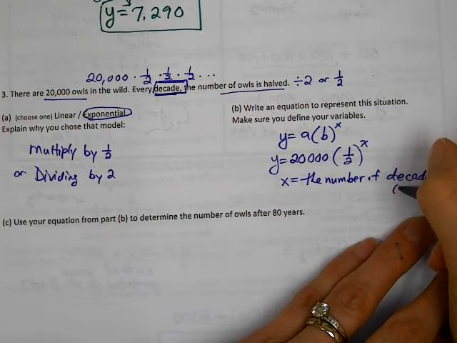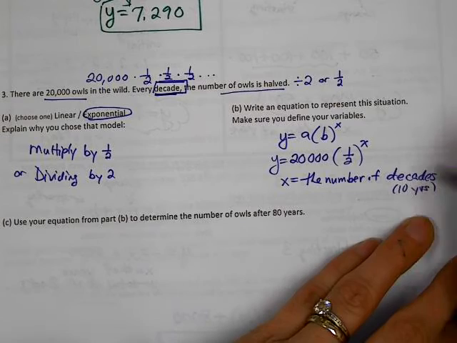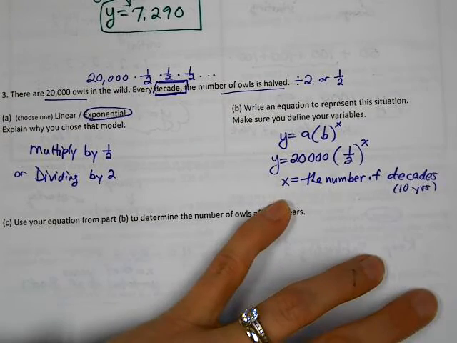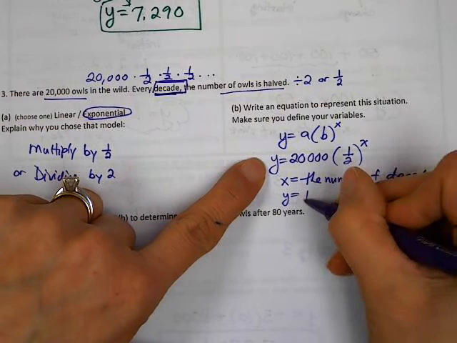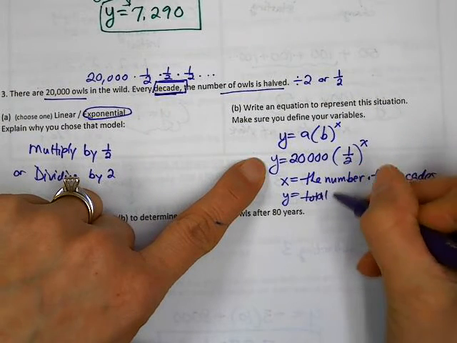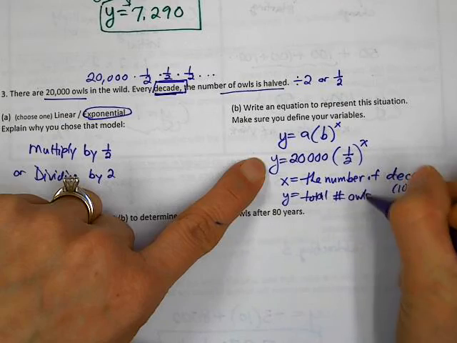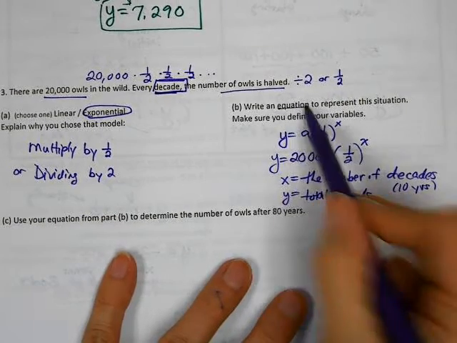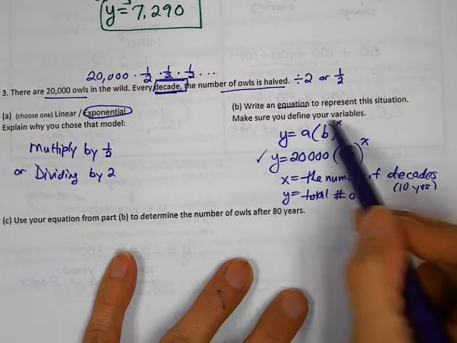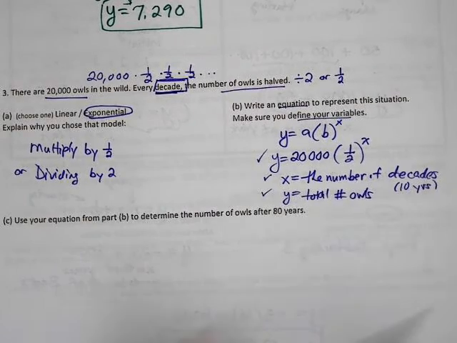Okay, a decade is 10 years. X is the number of decades. And then what does y represent? This equation is for the total number of owls. All right, so there's a lot of work here. Write the equation, check. Make sure you define your variables, check, check.